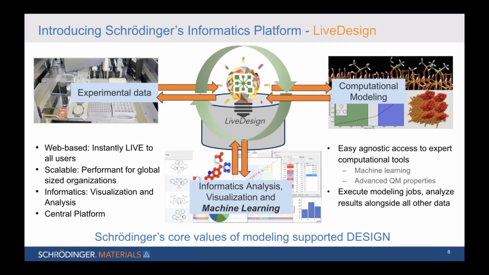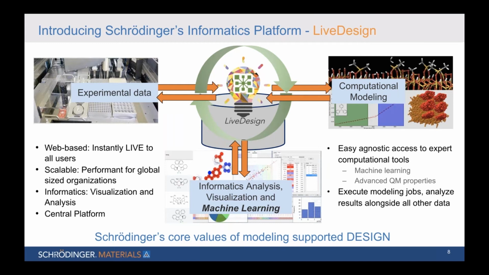It has the latest informatics tools to support data analysis and data visualization. And by bringing all data into a central platform, it will provide a lot of critical insight back to its users to understand and make use of their data.